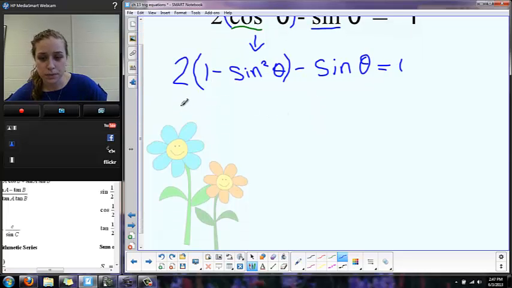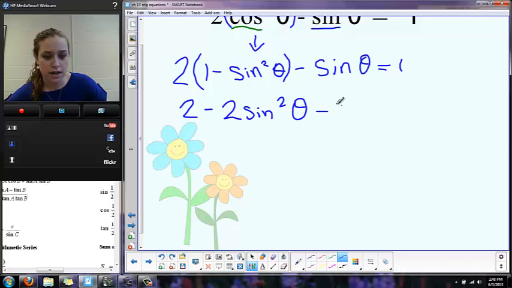Now I'm going to go through and distribute. So this is 2 minus 2 sine squared theta minus sine theta is equal to 1. Okay, so I'm just going to rearrange this so that it's in the right order.